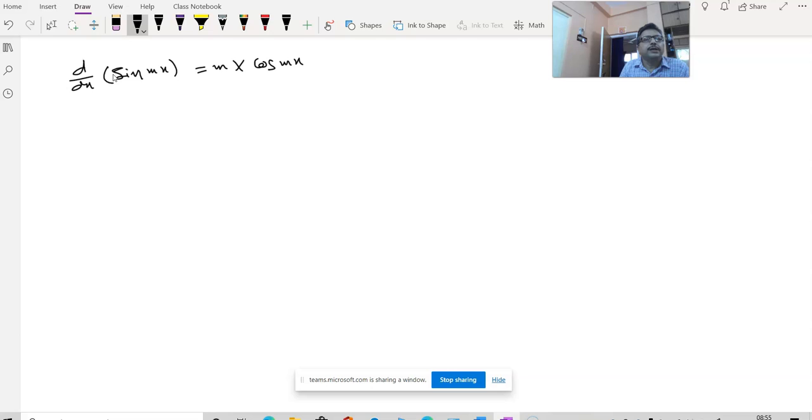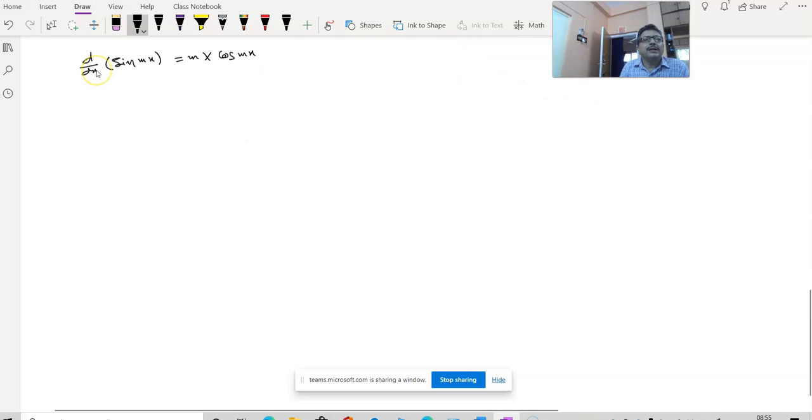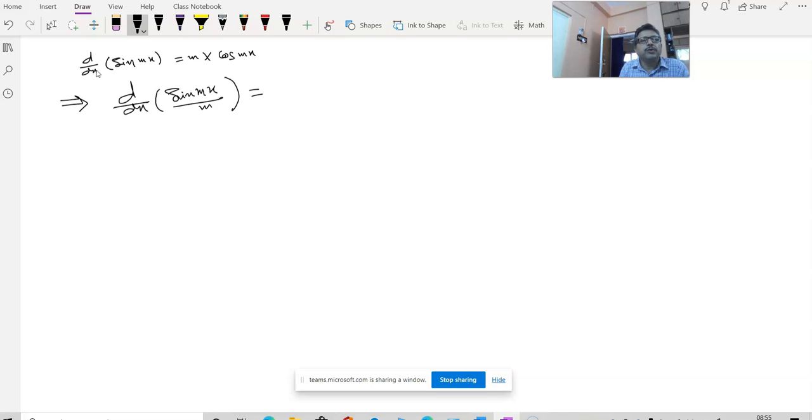One can write this as d/dx of sin mx by m is equal to cos mx. You know, this is possible by the rule of differentiation only. We can keep m outside or inside, it doesn't matter.